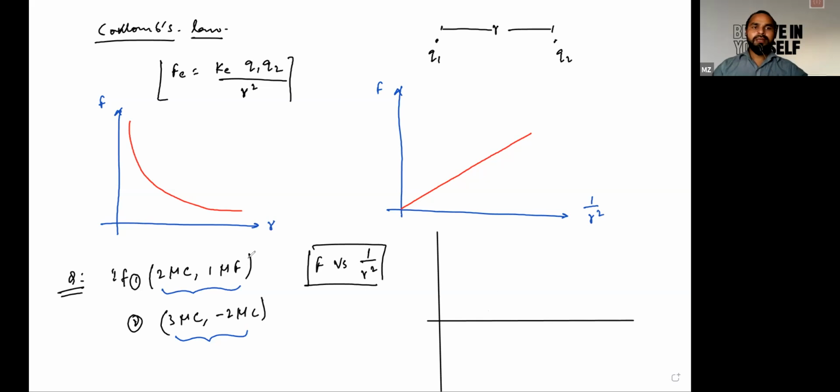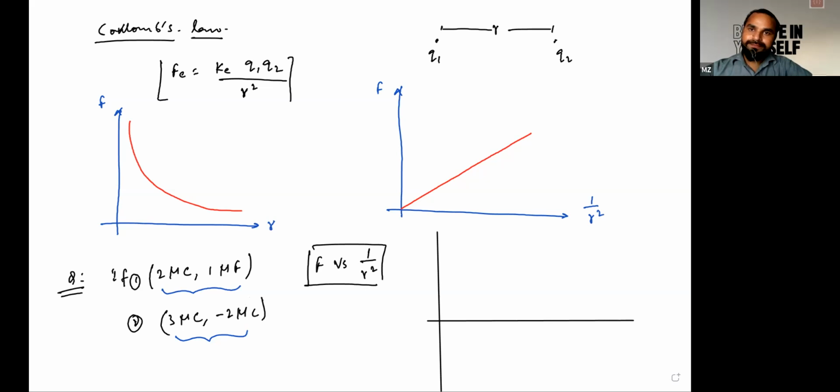Okay. Since force is a vector quantity, the polarity of the charge defines nothing but the direction of force. If you take vector notation, the polarity of charge just defines the direction in which the force is acting.